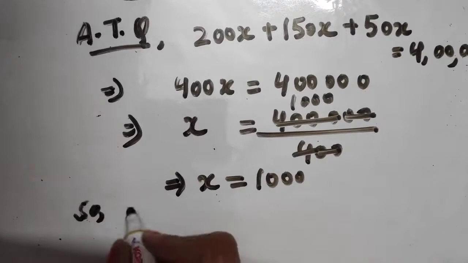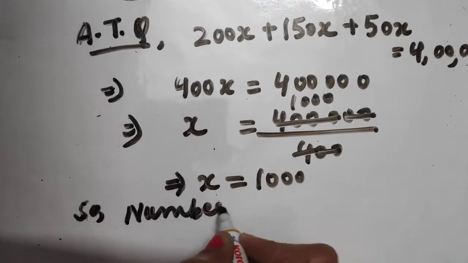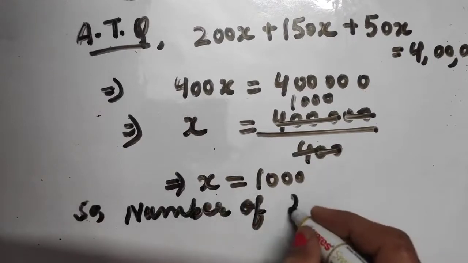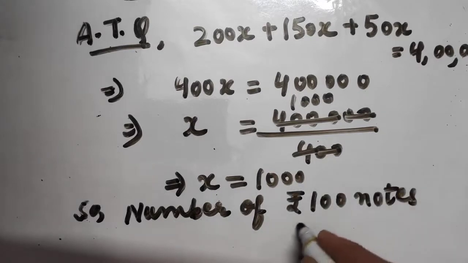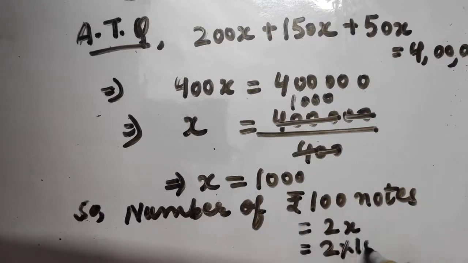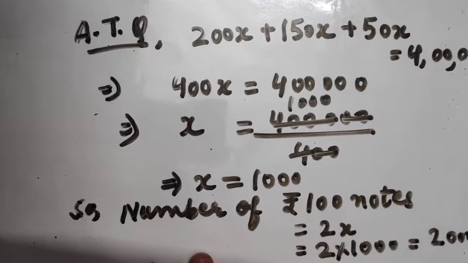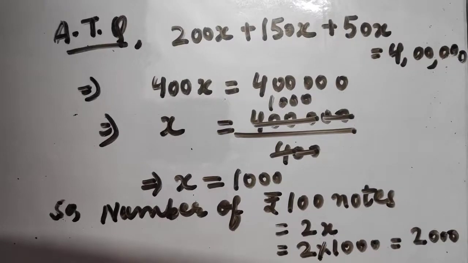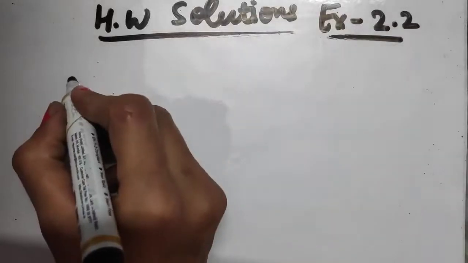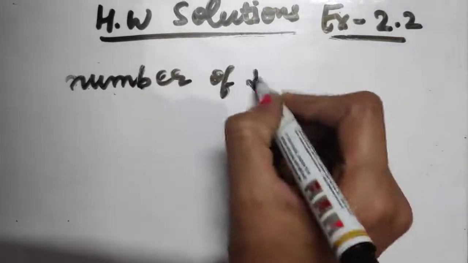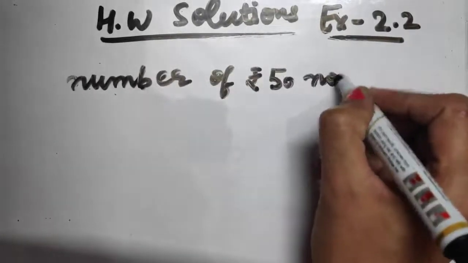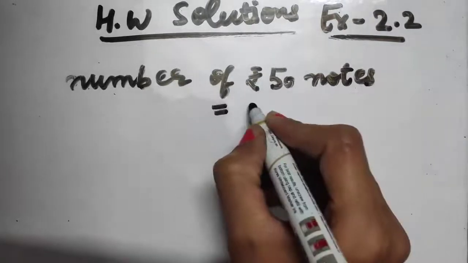Number of rupees 100 notes, what will it be equal to? 2x, that is equal to 2 into 1000. This was the ratio. So it will be 2000. Similarly, we are going to find number of rupees 50 notes, that will be equal to 3x.